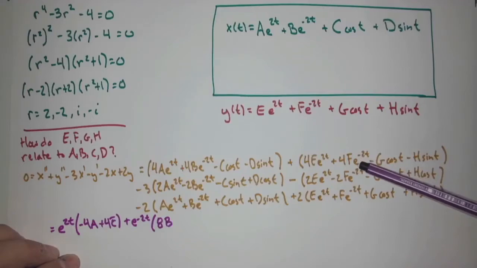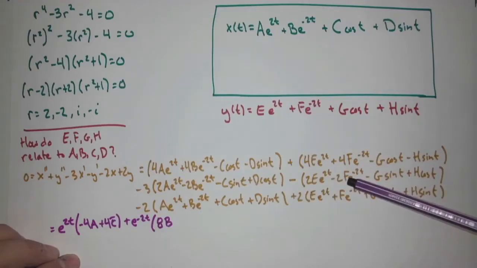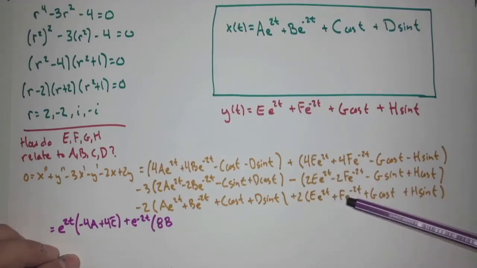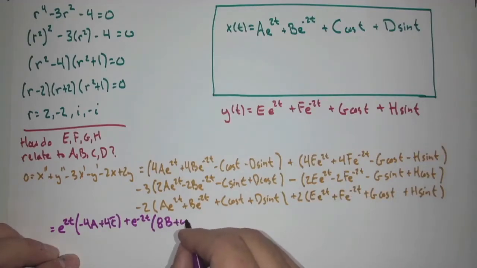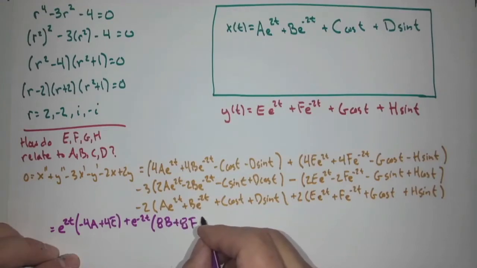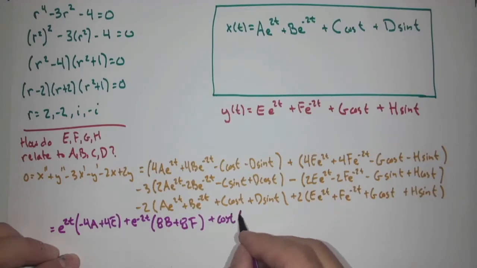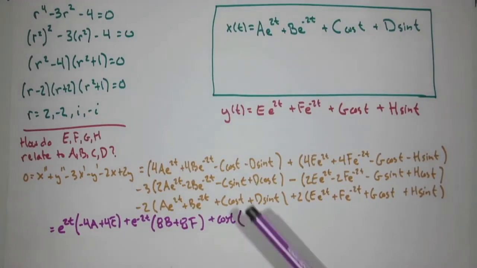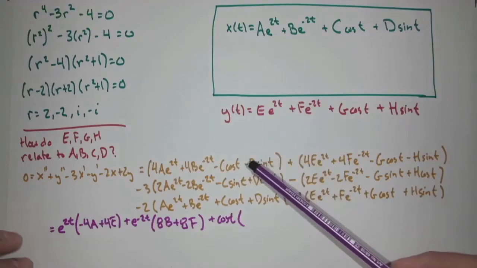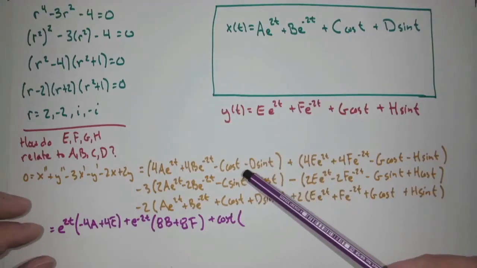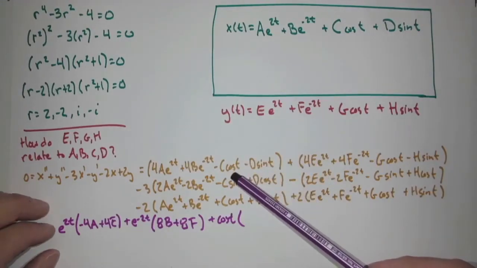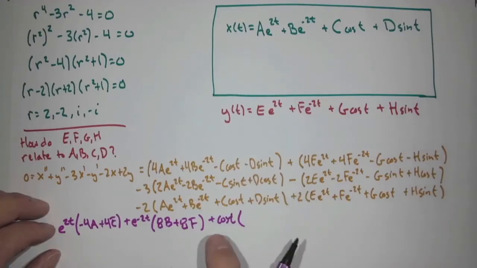For f, add 2f. Add 2f again. What do you have? And we have 8f. Okay. Go to cosine. Okay, what do we have? Minus c. And then?